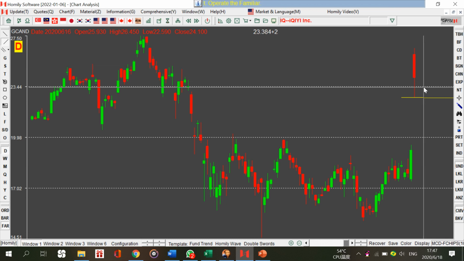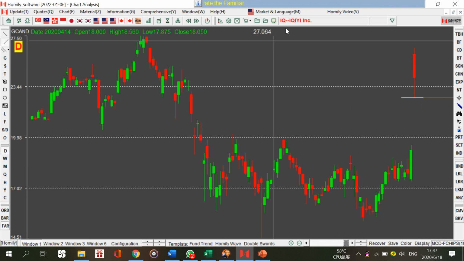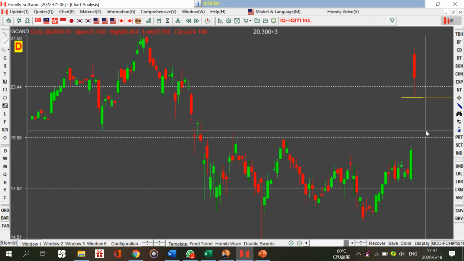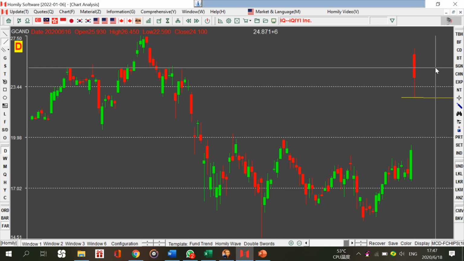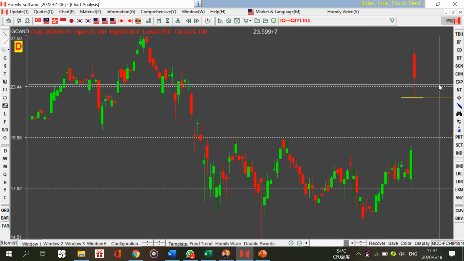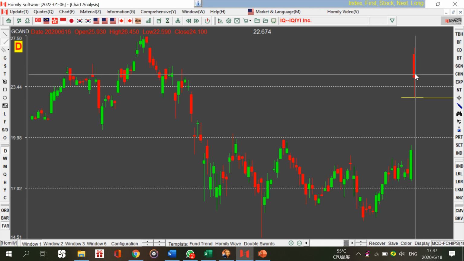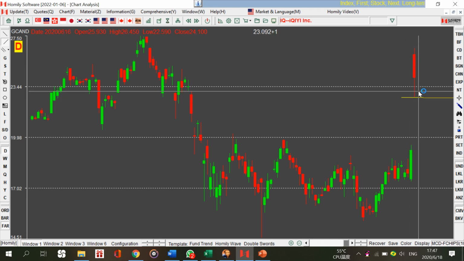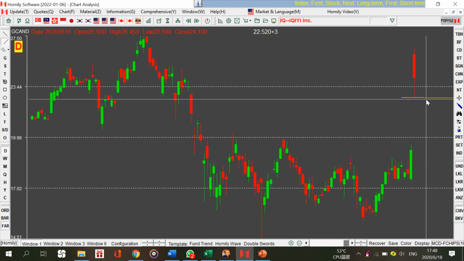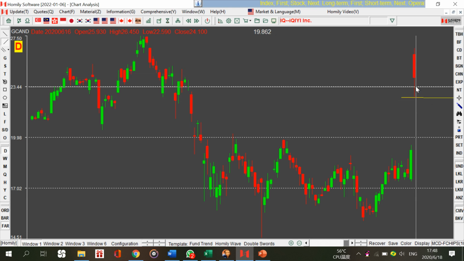If it is covered in a short time, for example for IQIYI, if this gap is covered in the near future, it means the upward momentum is not that strong, at least for the short term. But if the gap here remains and the price never drops below the low price of this gap, it means upward momentum is quite strong. Okay, so this is the first information we can get based on this upward gap.